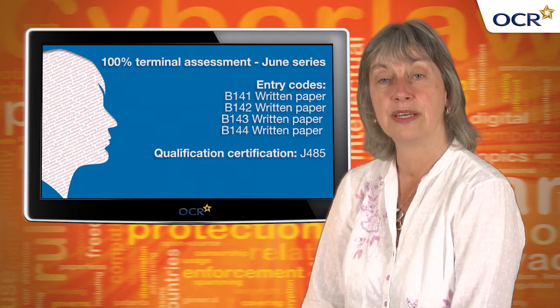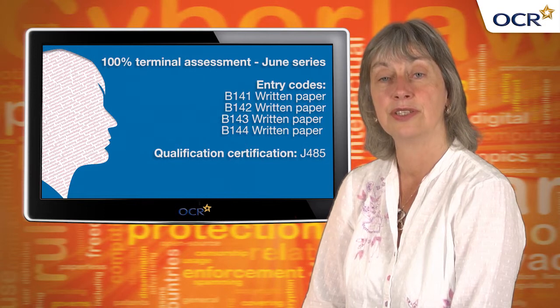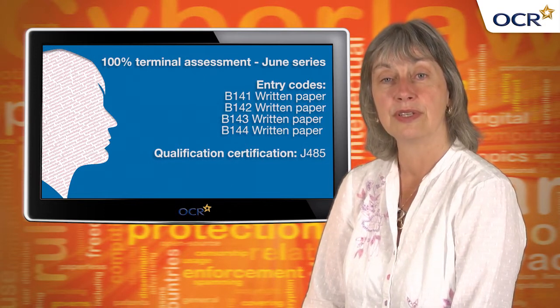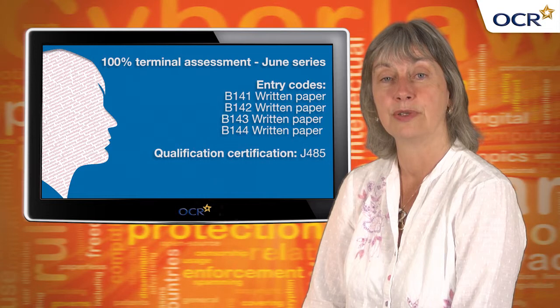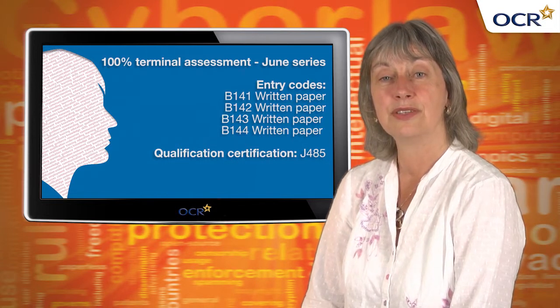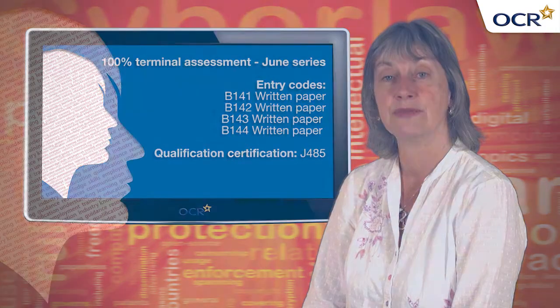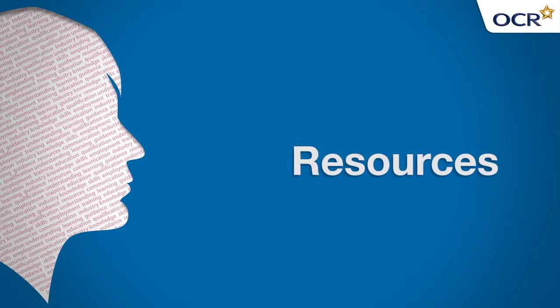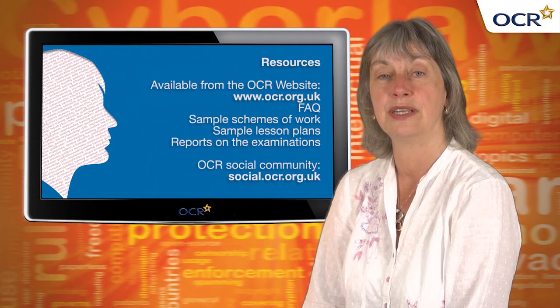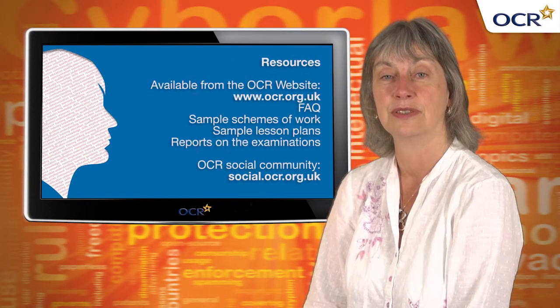In addition to making an entry for each unit, you also need to enter for the certification separately. Without this entry, no overall grade will be awarded. The certification code for GCSE Law is J485.